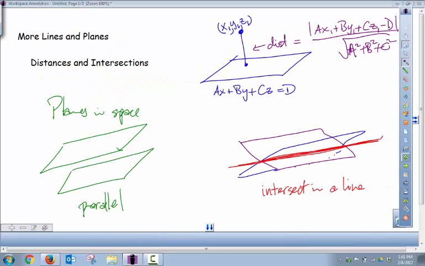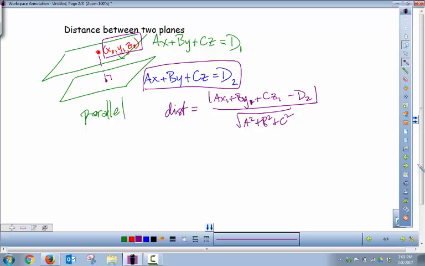I basically rewrote this thing over here, right? This is D2 instead of minus D, because this is our D value for the plane. That's 1. Sorry, we don't have any Y2s.